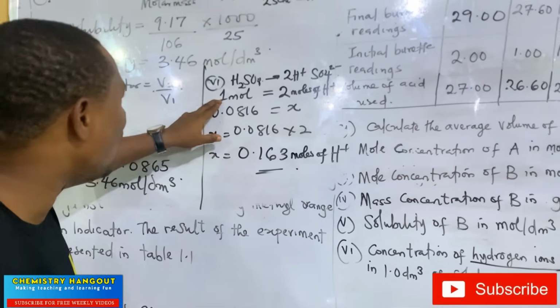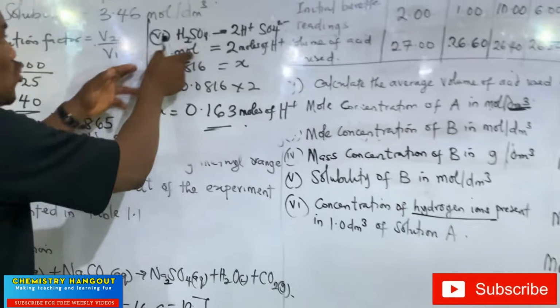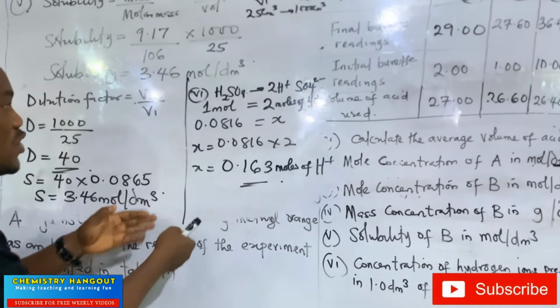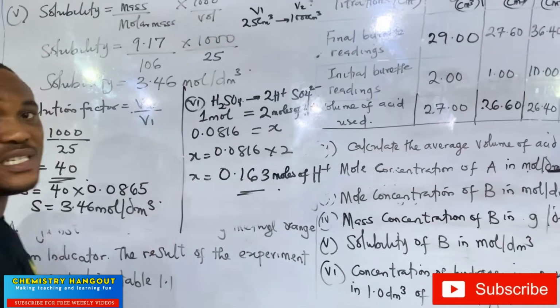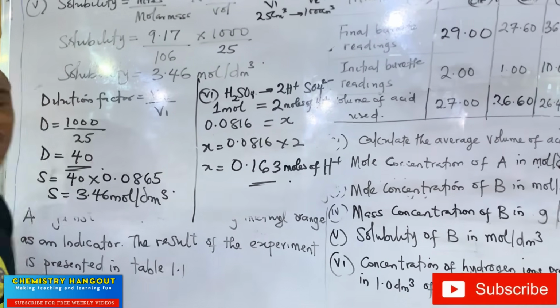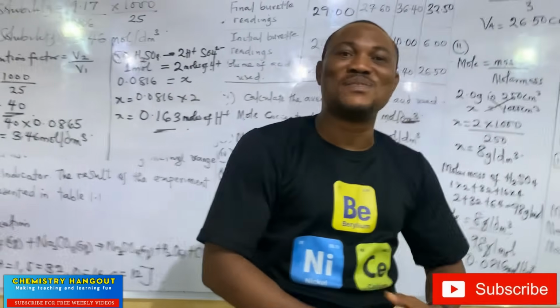If 1 mole of this gives 2 moles of this, then 0.0816 times 2, because 1 of this will produce 2 of this. So that will give us 0.163. Very interesting, very simple.